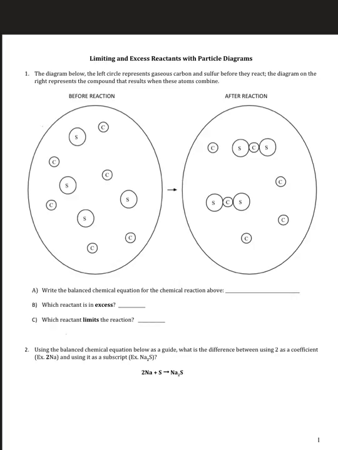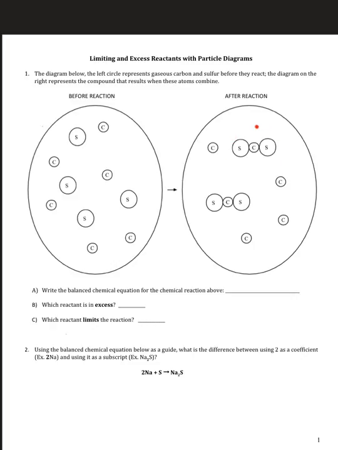So in number 1, it says the diagram below shows a left circle that represents gaseous carbon and sulfur before they react. And the diagram on the right represents the compound that results when these atoms combine.